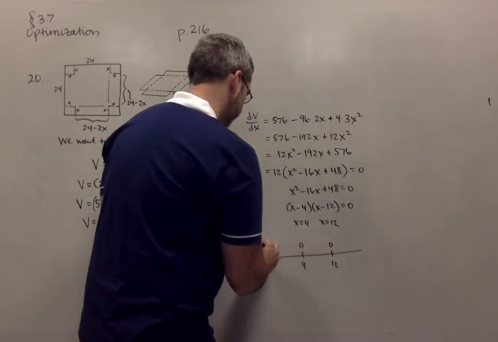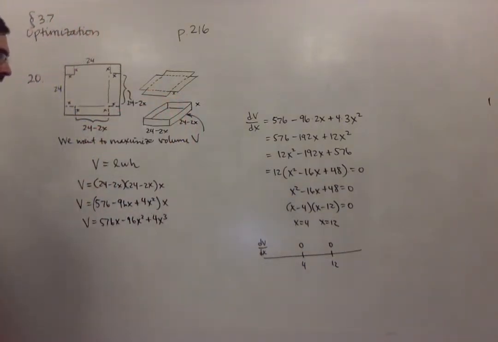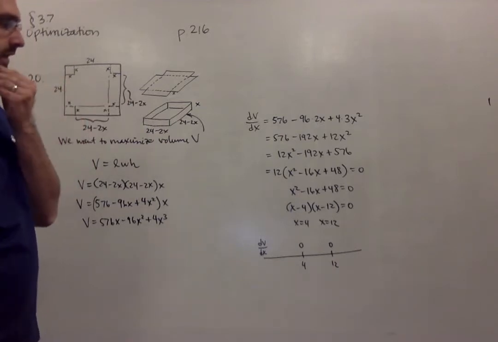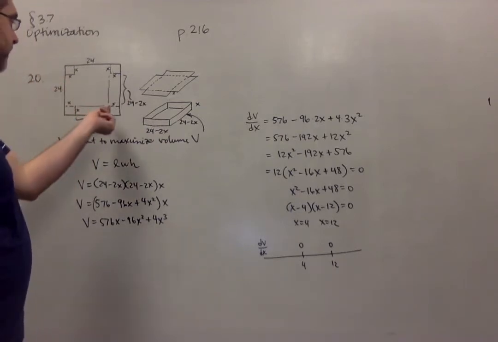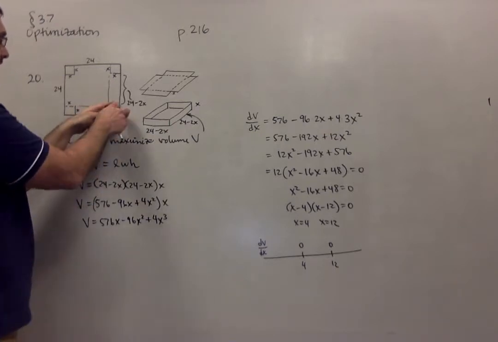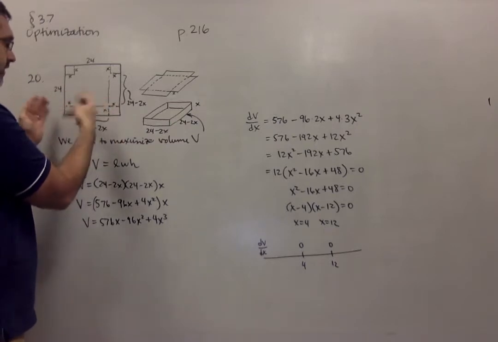Now I want to point out something here, and it's actually true in some of the previous problems too, but when we encountered this problem a long time ago, one of the things that I pointed out was that there's only so big that x can get. Definitely x can't get any bigger than 24. If this side has length 24, I can't cut more than 24 away.